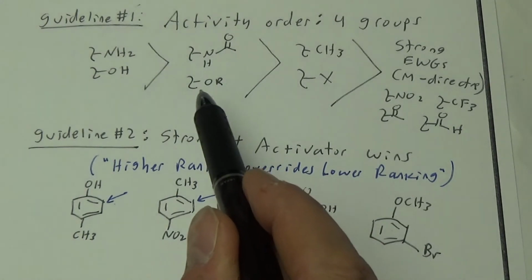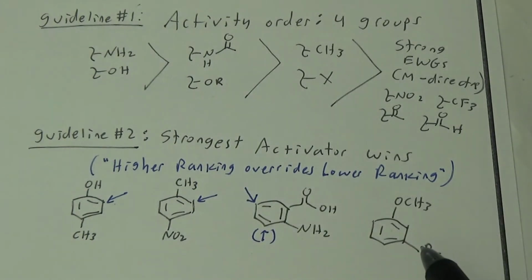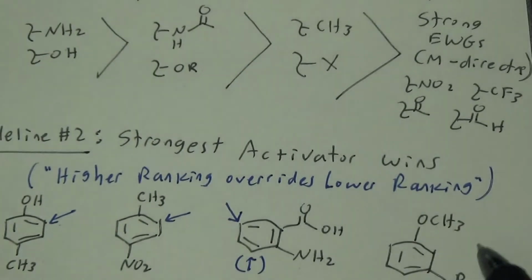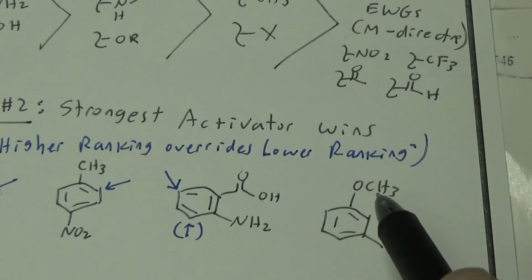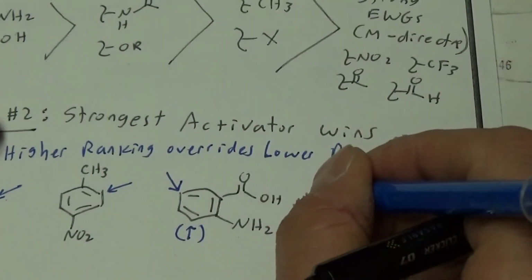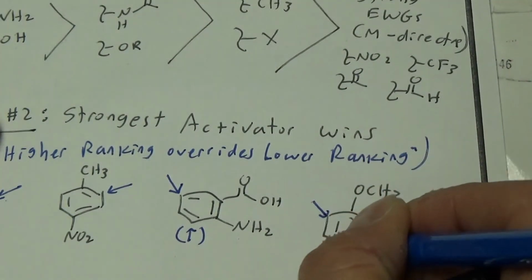It's in the second group, so it gets to decide. And the bromine is in the third group, so the methoxy gets to decide. So this is a little interesting because what are the two options? This is saying ortho-para, this gets to decide, so it's this position or this position.